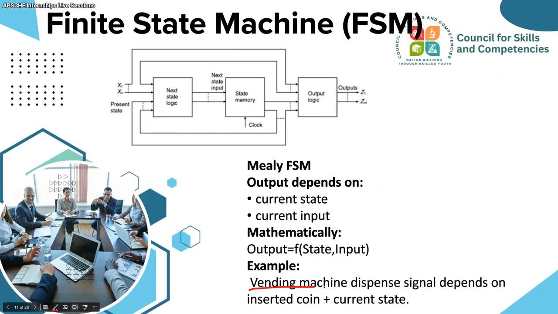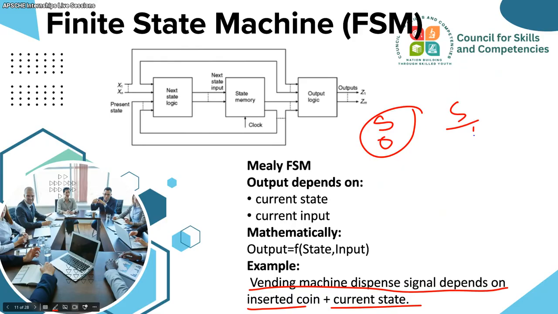So the vending machine dispense signal depends on the inserted coin plus the current state. For example, if we had only one output for a given state, that would not be a good thing.